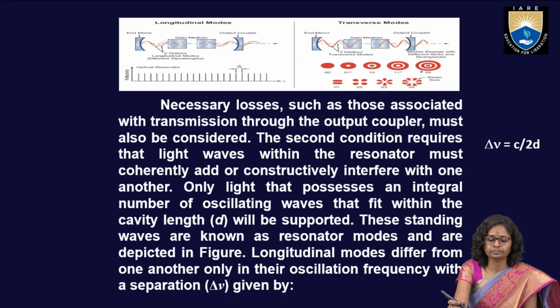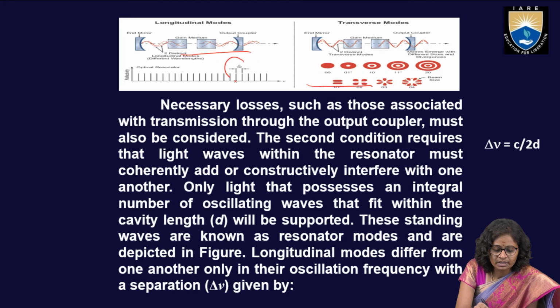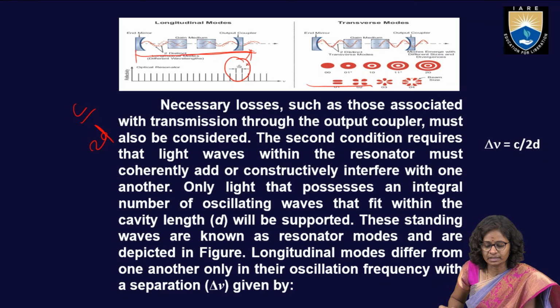Here you can see resonator modes. Longitudinal modes differ from one another only in their oscillation frequency, with the separation delta nu given by c/2D. Here D is the cavity length, c is the velocity of light.